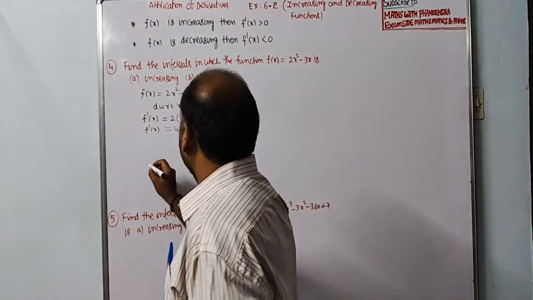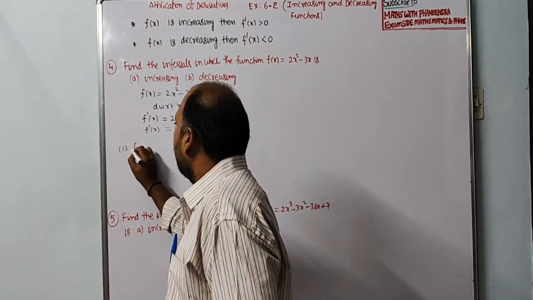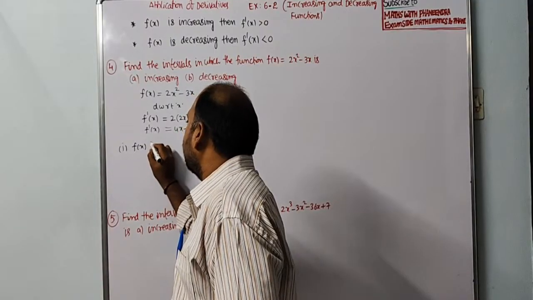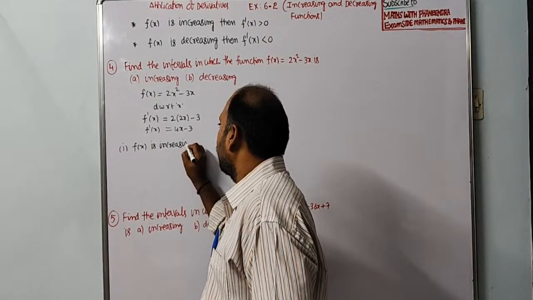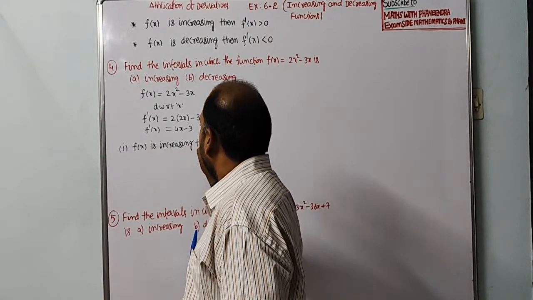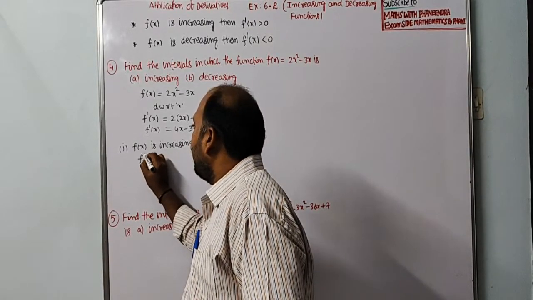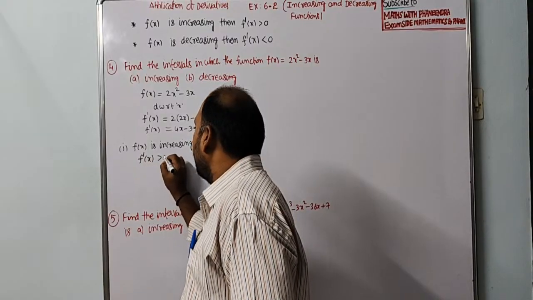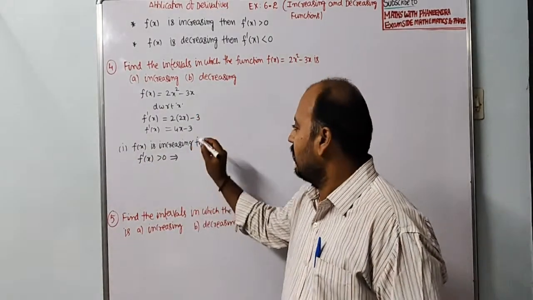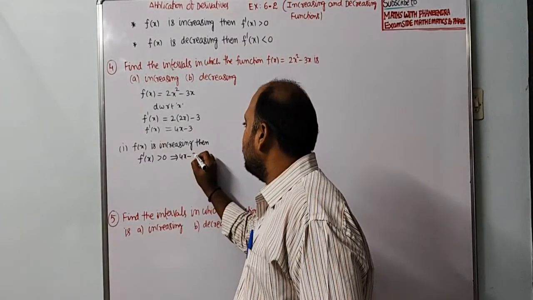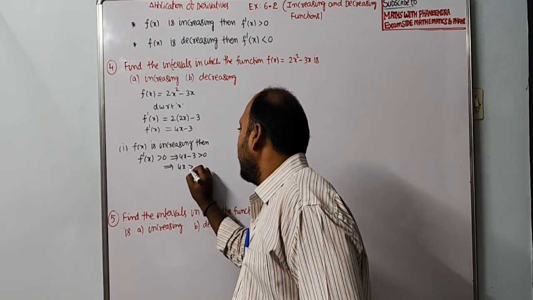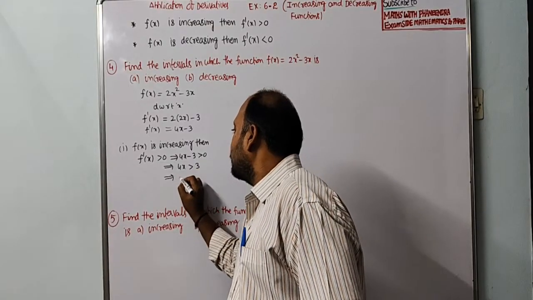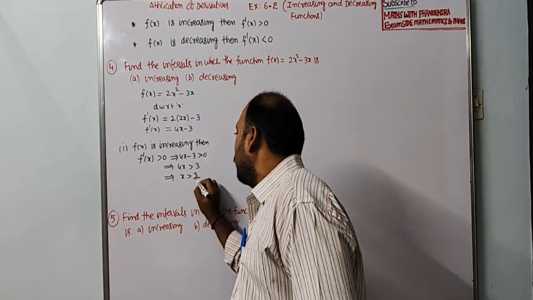Now for the first part, f of x is increasing. Then f dash of x is greater than 0. That implies 4x minus 3 is greater than 0. So 4x is greater than 3. That implies x is greater than 3 by 4.